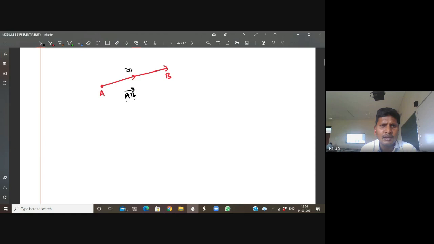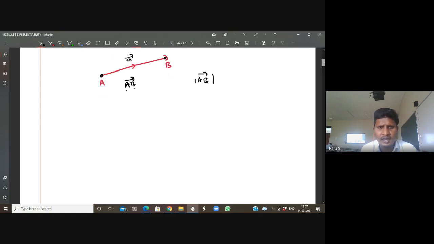This can also be represented as small a vector, b vector, c vector, like that we can take. So A is called the initial point, B is the terminal point, whose magnitude is given by modulus of vector AB.